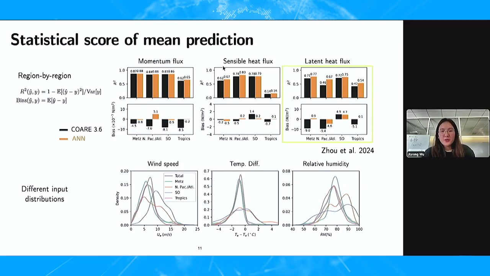And also we wanted to point out that the scores vary across different regions of evaluation: North Pacific, Atlantic, Southern Ocean, tropics.